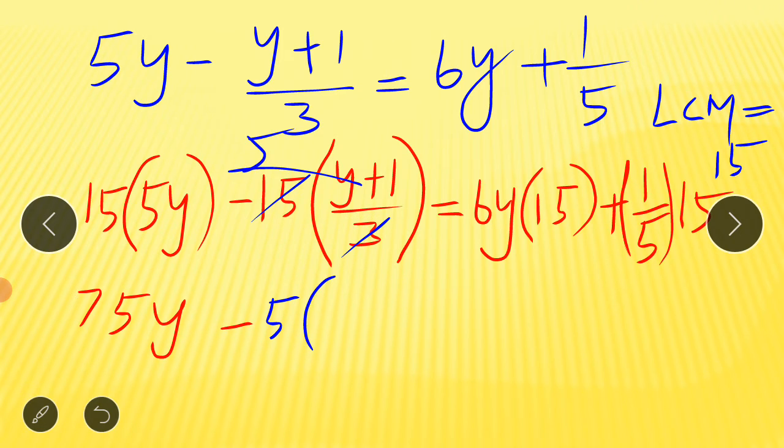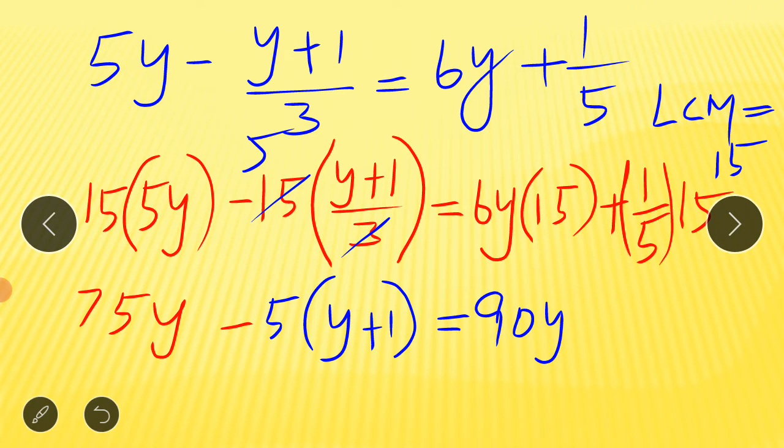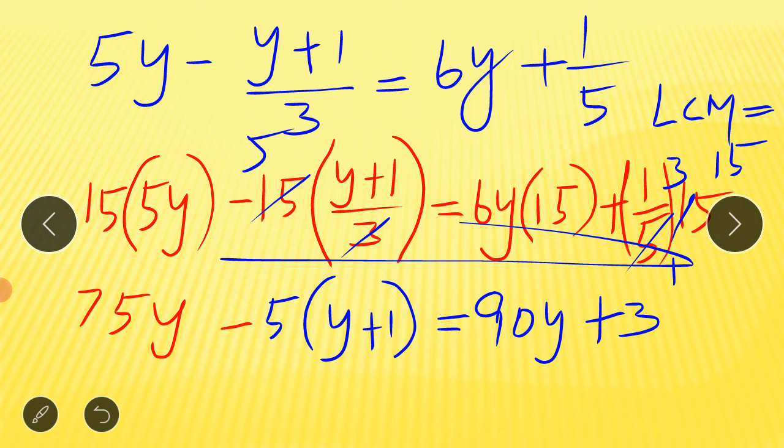So the remaining numerator is minus 5 into (y plus 1) equal to, and here directly we can multiply 6 into 15, 90y. Then 5 ones are 5, 5 threes are 15. So 3 into 1, 3. Now the denominators are becoming 1.